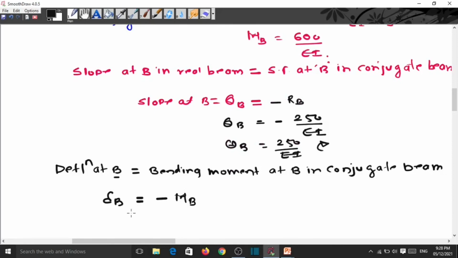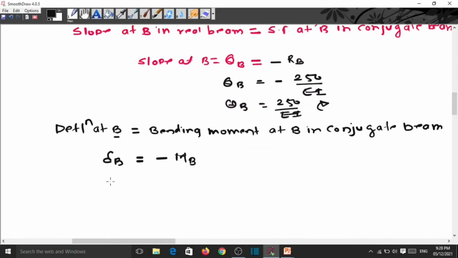So delta B is equal to minus 600 divided by EI. Here this negative sign indicates the deflection is downward. We already wrote the sign convention. So it is 600 divided by EI, and this deflection is downward.